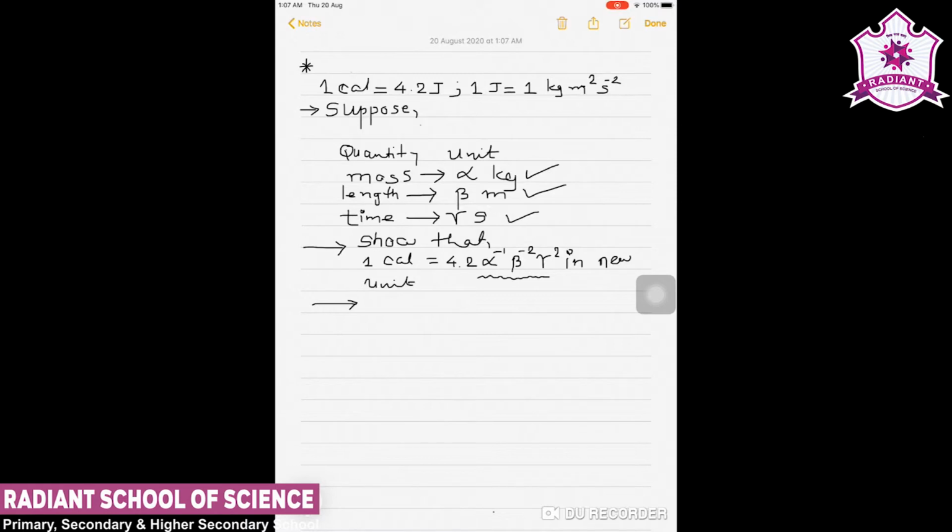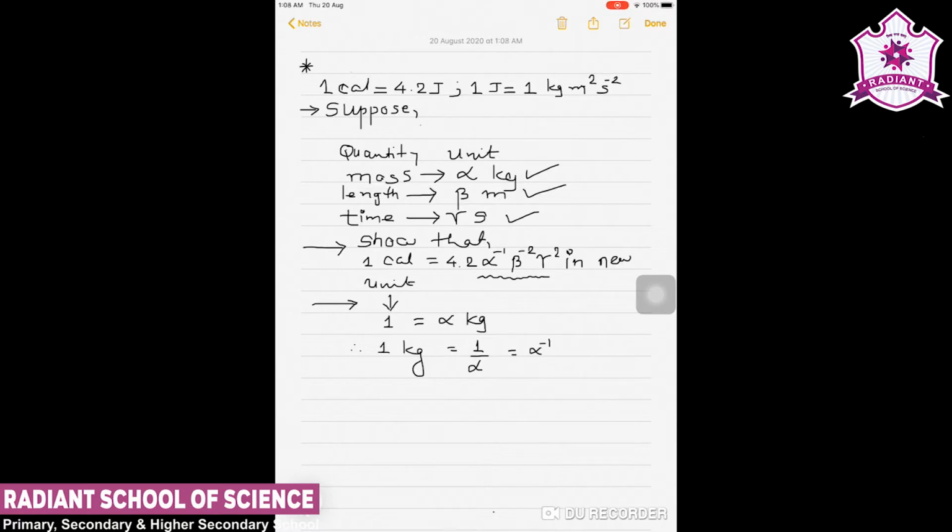So in this type of question, first of all we will write that new unit is equal to alpha kg. That means we have to compare it with unit, that is 1. So here we can say that 1 is equal to alpha kg, that is for mass, and therefore 1 kg can be written as 1 upon alpha, that can be written as alpha raised to minus 1.